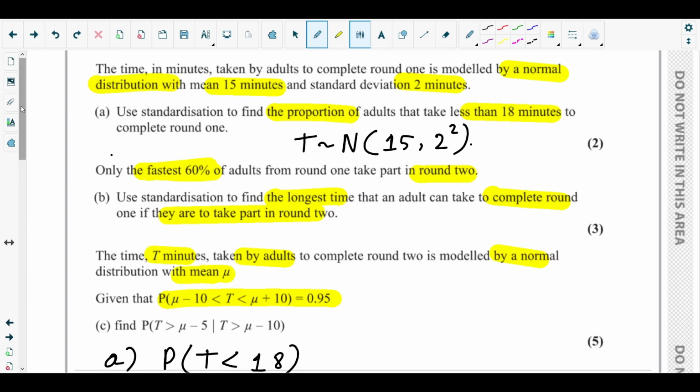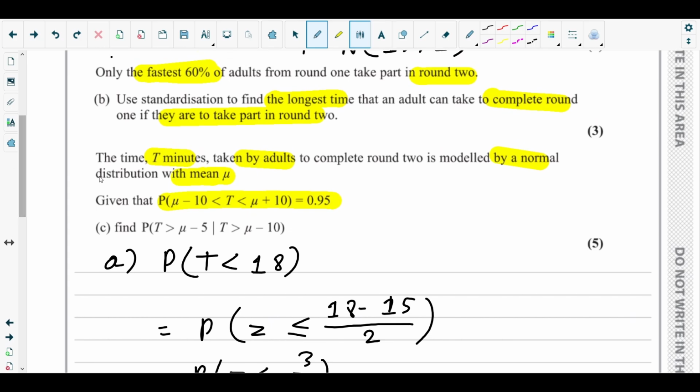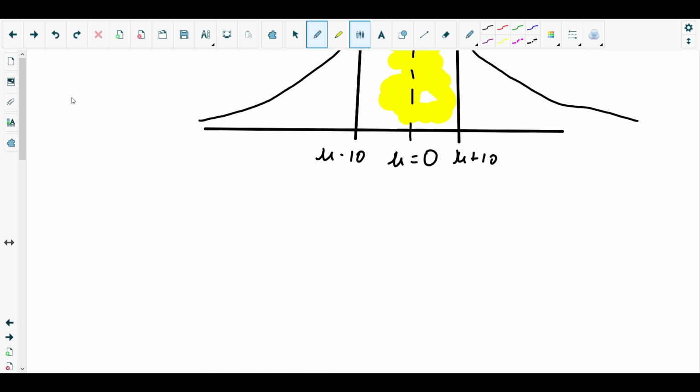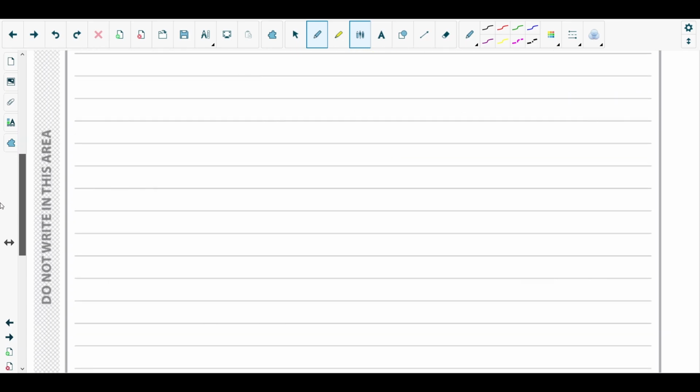Now next, we need to find the probability of t greater than mu minus 5 given that t is greater than mu minus 10.